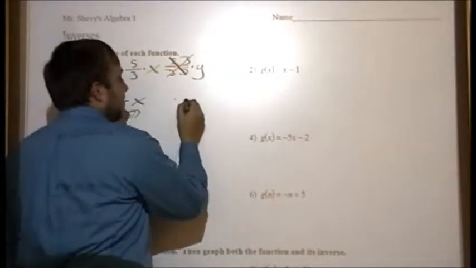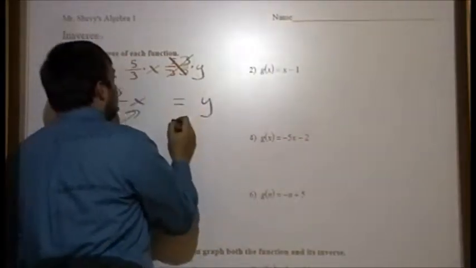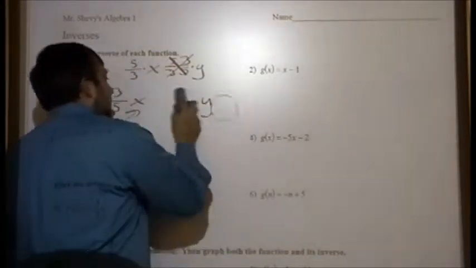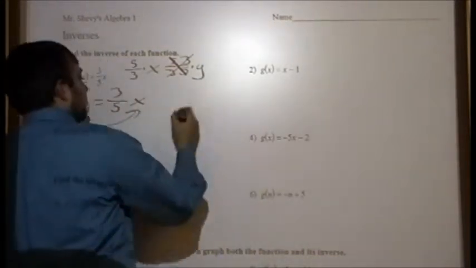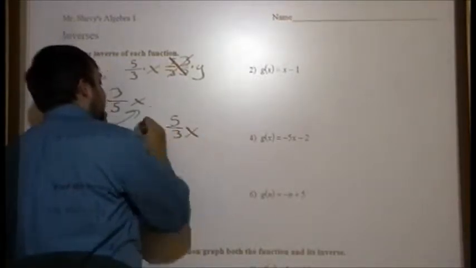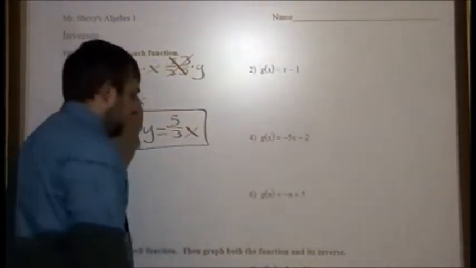So now all I've got left is y equals 5/3 x, right? That's the answer. I'm going to write this as y equals 5/3 x. And that, my dear, is the inverse.